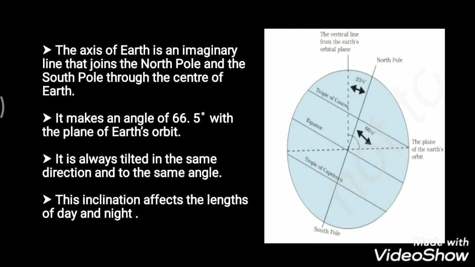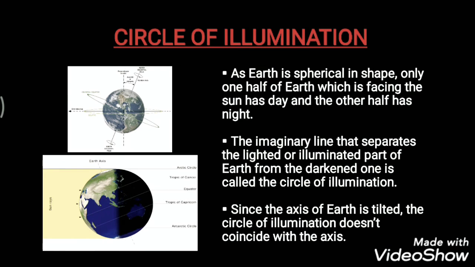Alright, now the circle of illumination. Now, as Earth is spherical in shape, we all know only one half of Earth, which is facing the sun, has day and the other half has night.